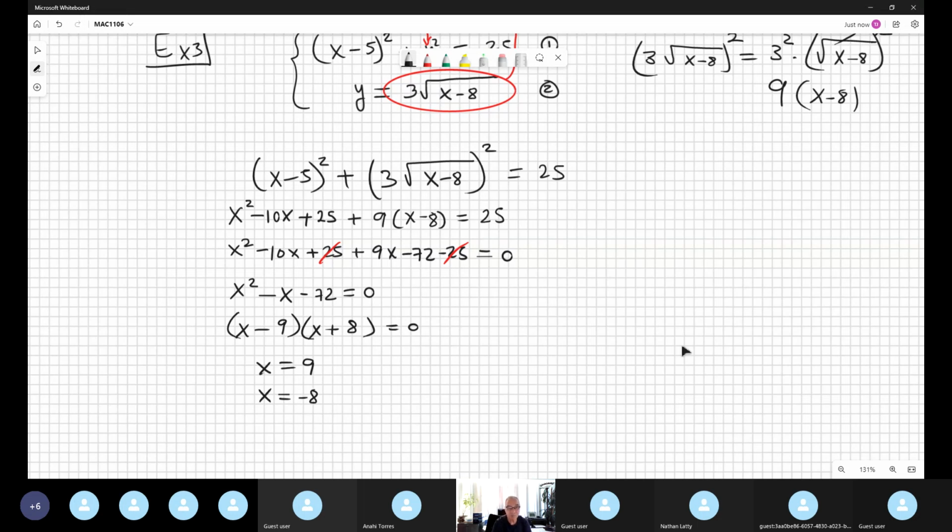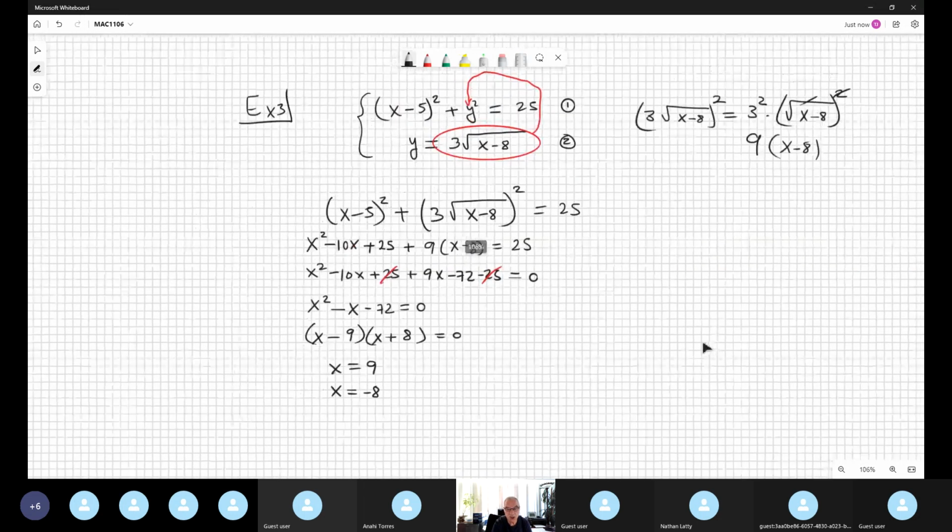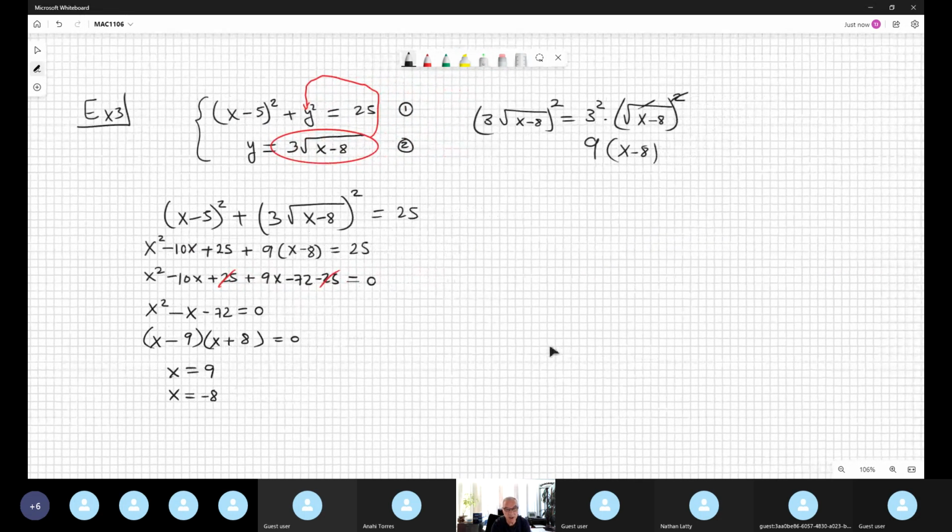Okay, cool. We almost finished, because I need to find the y value. But the y is easy. For example, for x equal 9, y is equal to 3 times the square root of 9 minus 8.